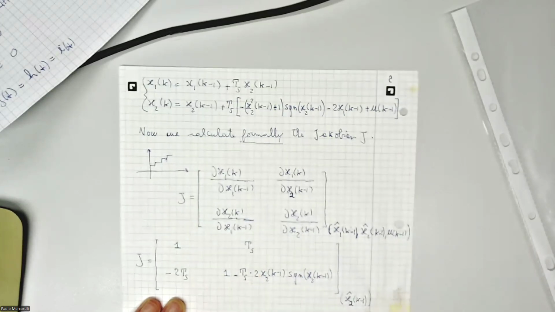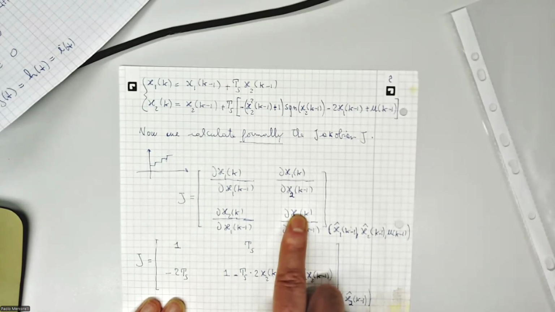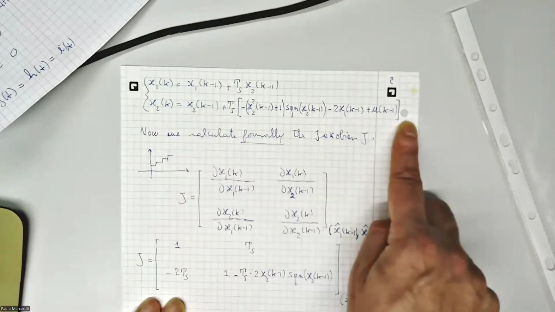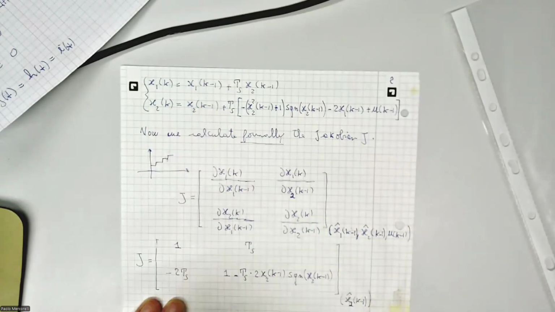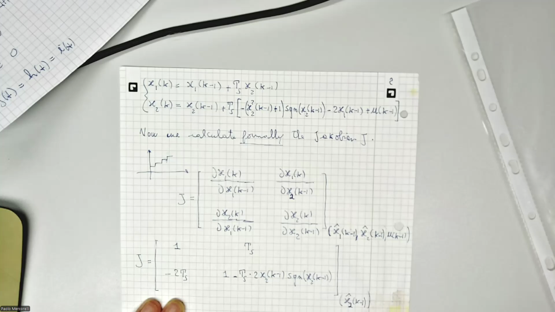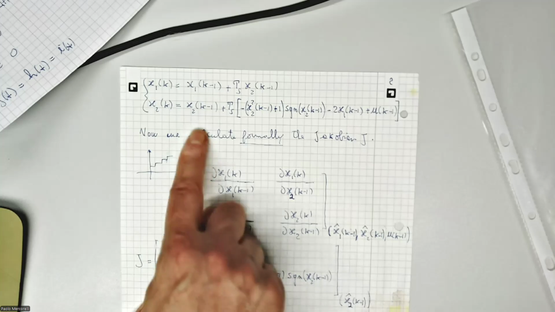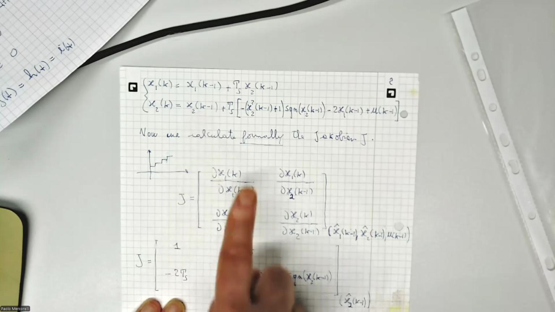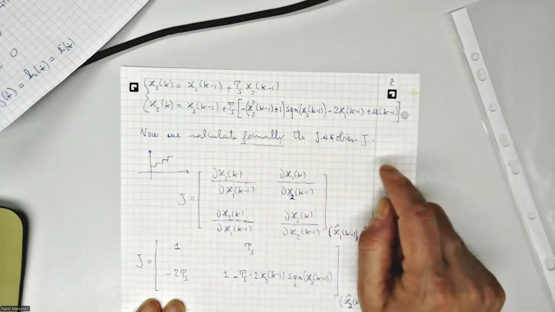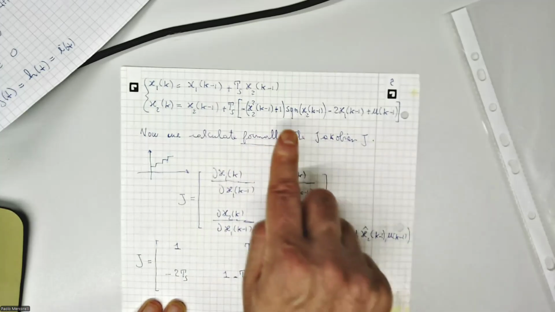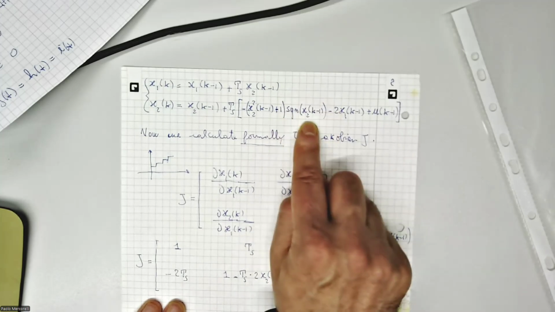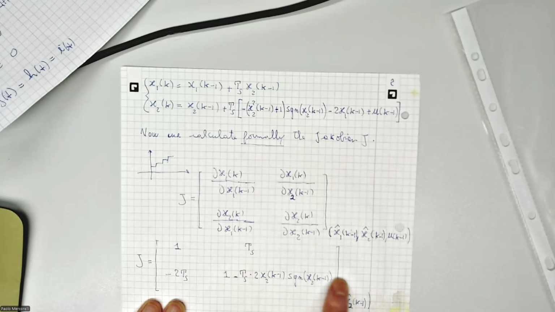Now, the last sentence, and then we will come back to this next week. What happens here? Here we have the derivative of x2 of k, this long expression, with respect to x2 of k minus 1. Now, this is 1, clearly. It seems that I am not considering this expression here in the derivative.